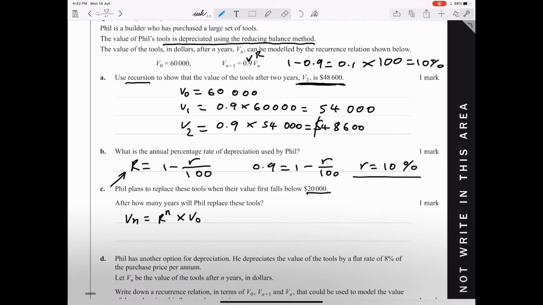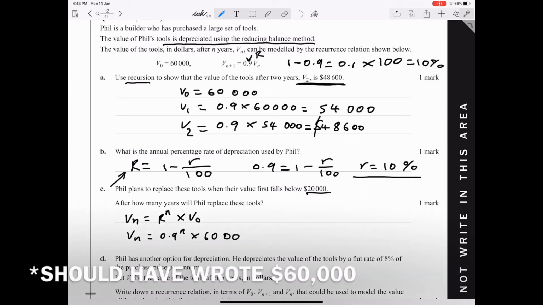So if we sub the values of R and V0 into this equation, just by the way, V0 is representative of the initial value of the tools. So Vn equals 0.9 to the power of n times 60,000.